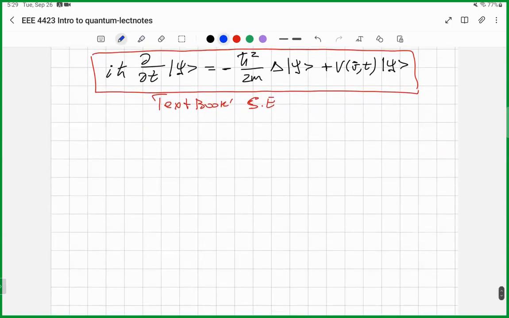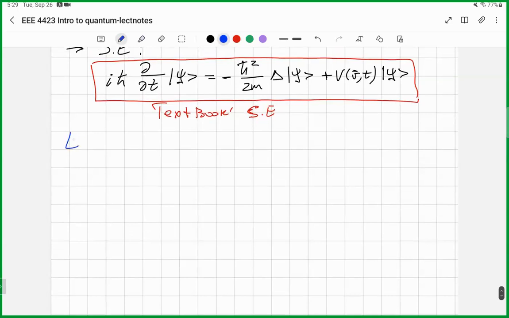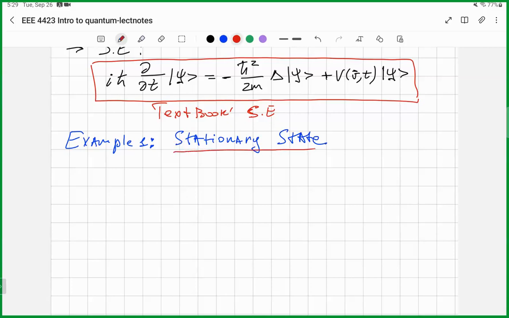Let's consider example 1, and name this example stationary state.